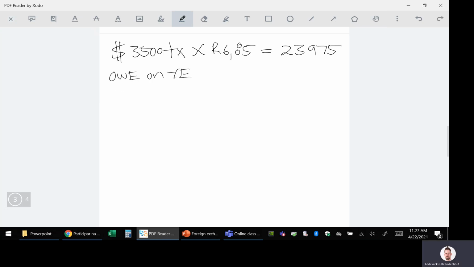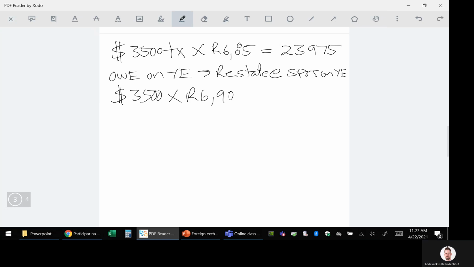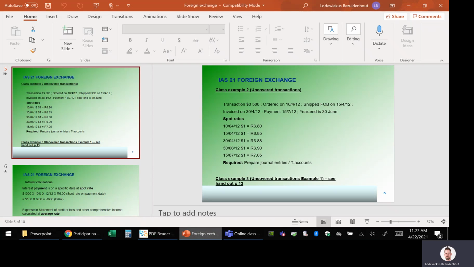we still owe $3,500. So what we owe on year end, we have to restate at the spot rate on year end. So on year end, the spot rate is R6.90, on the 30th of June.